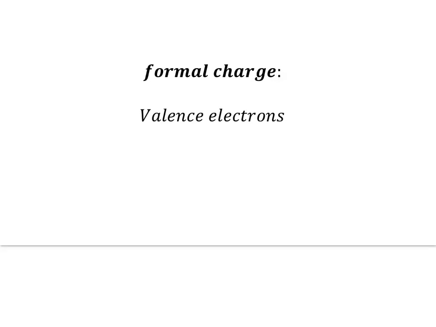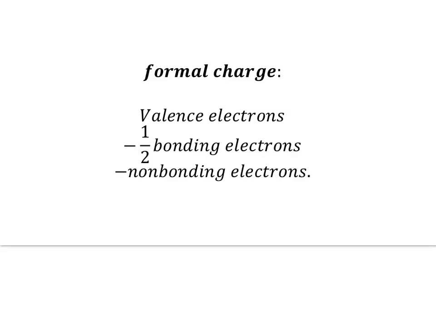From that, we're going to subtract half of our bonding electrons, so any electron actually associated with bonding, we're subtracting half of those. And from those, we're subtracting all of our non-bonding electrons. So, our formal charge is our valence electrons minus half of the electrons that are bonding, minus any of its non-bonding electrons.